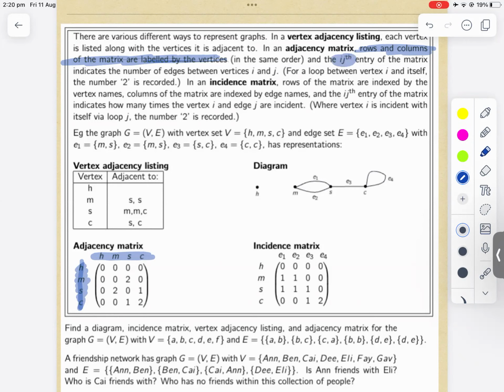The entry at row i, column j indicates the number of edges between vertices i and j.